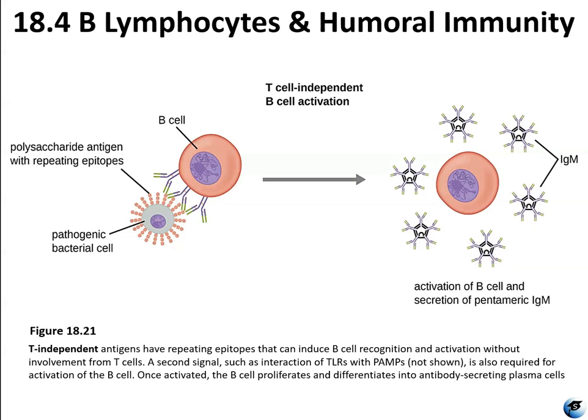T-independent antigens have repeating epitopes that can induce B cell recognition and activation without involvement from T cells. The second signal, such as interaction of toll-like receptors and PAMPs, is also required for activation of the B cell, but once activated, the B cell proliferates and differentiates into antibody-secreting plasma cells.